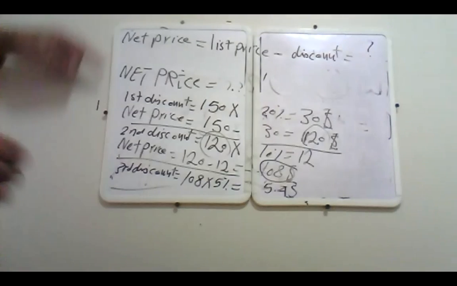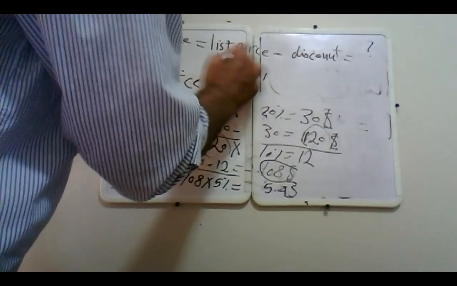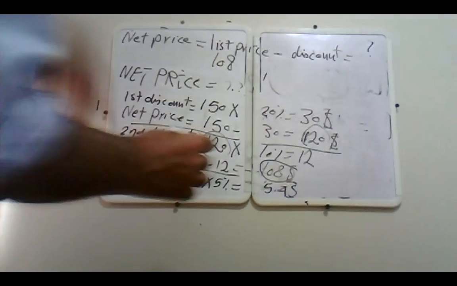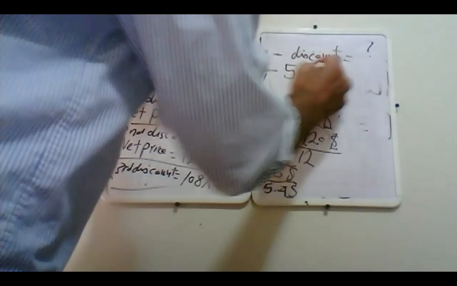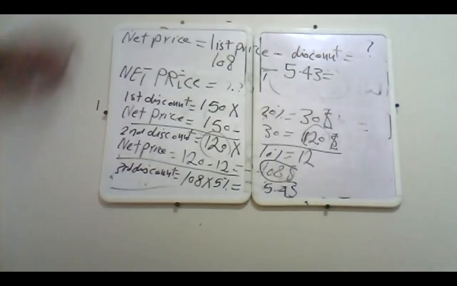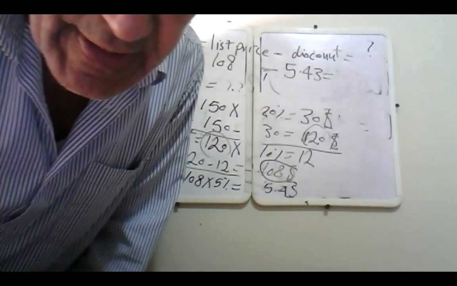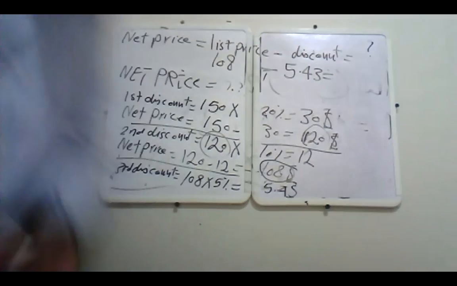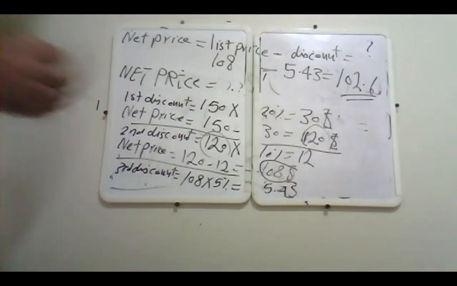The list price will be 108 minus $5.40. That will equal, at the end of the example, the result of $102.6.